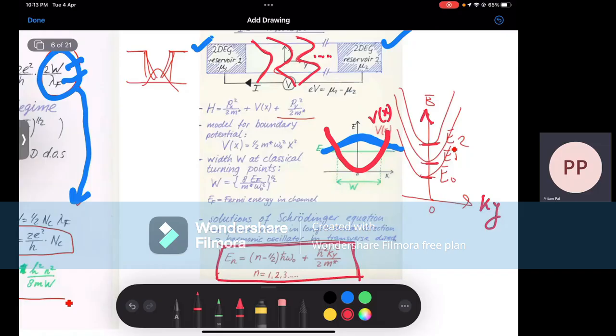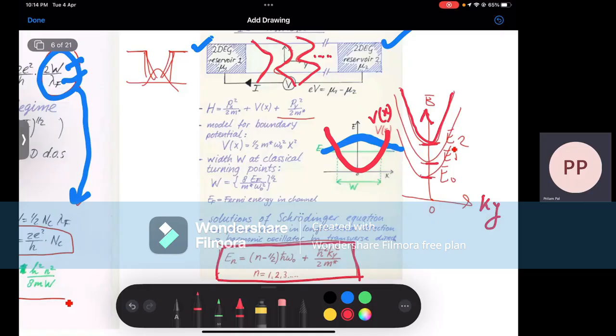So this will be a bunch of parabolas. You can have a certain energy in the x direction, which will be like an energy offset. You can be in the zero mode in the x direction, the E1 mode, the E2 mode, whatever. But then you are going to have this kind of dispersion relation.